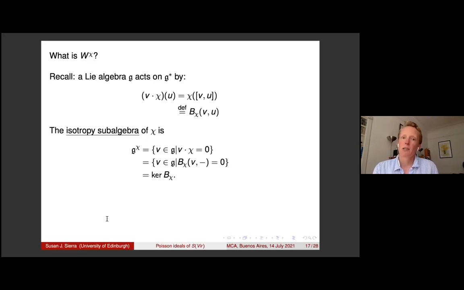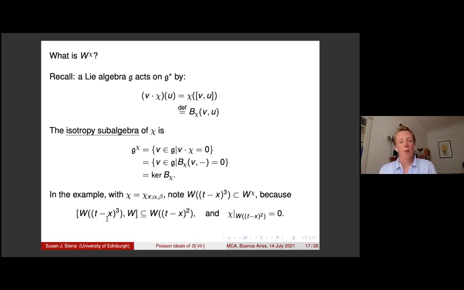And the isotropy subalgebra of chi, well, on the one hand, it's everything in the Lie algebra that sends chi to 0, as you should expect. But also when you work through the definitions, it's the kernel of this bilinear form, the stuff that evaluates to 0 against anything using this bilinear form.